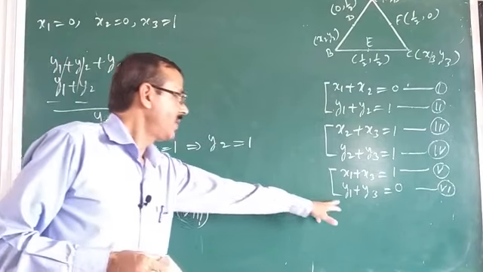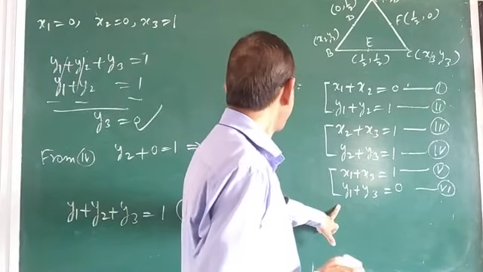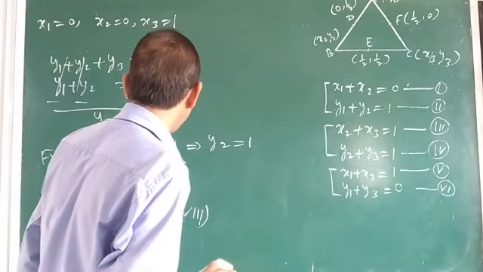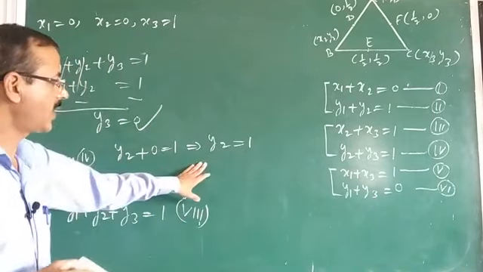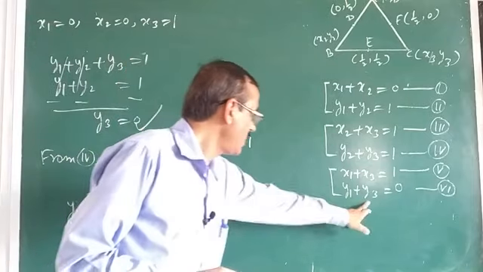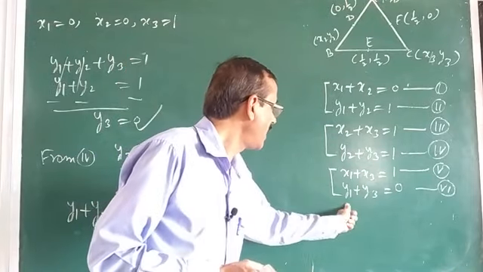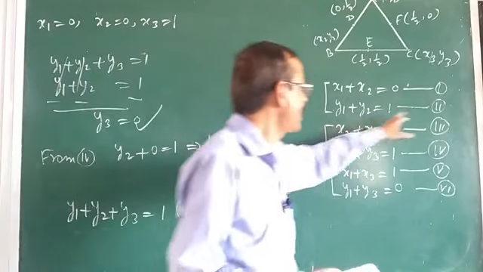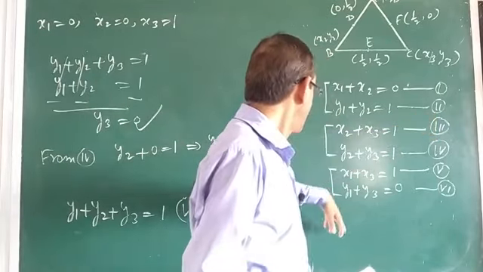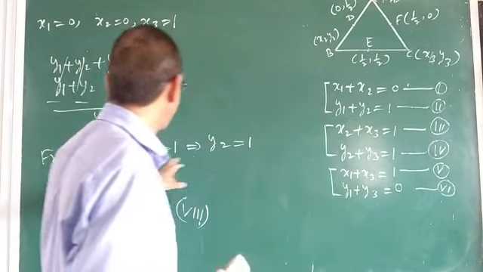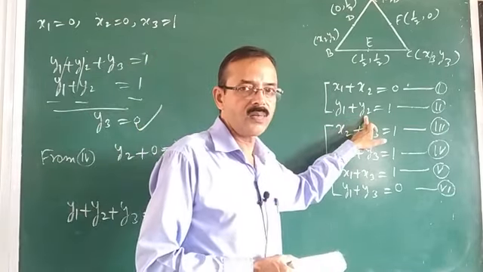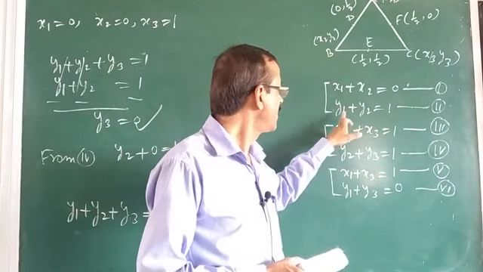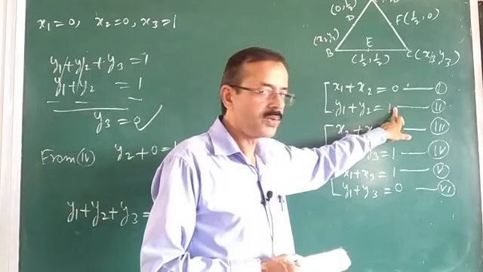Now from any equation you will find y1. y3 is 0 and y2 is 1, so y1 we have to find. Check from the second: putting y2 as 1 here, 1 will be transposed, 1 minus 1 is 0, it means y1 is equal to 0.